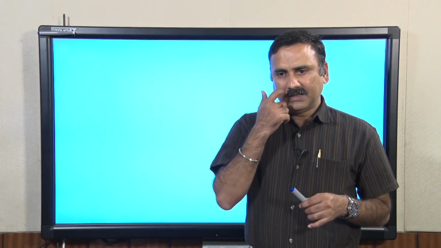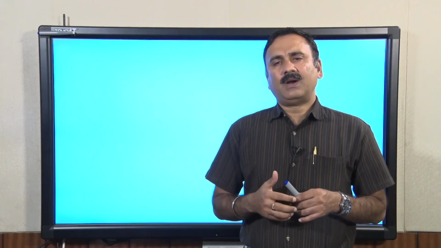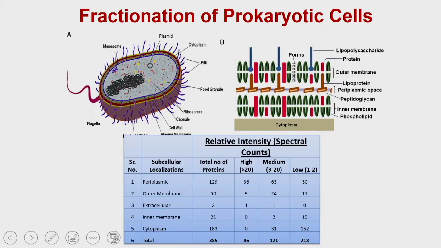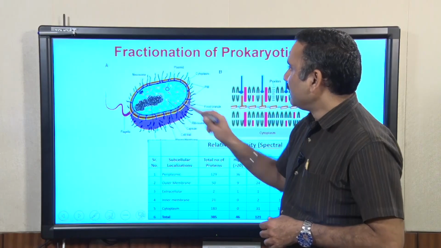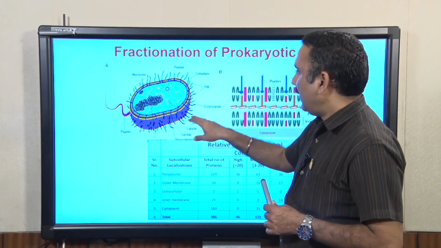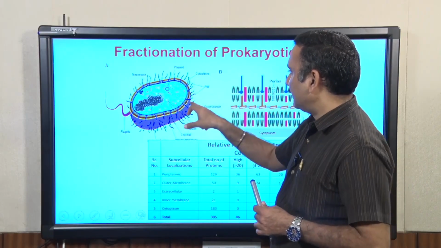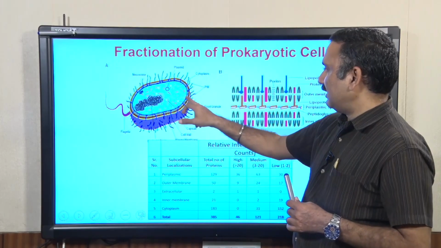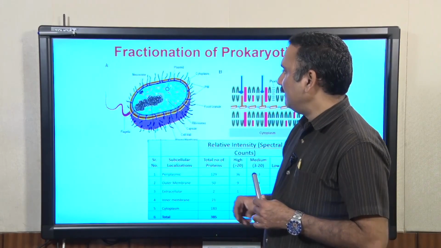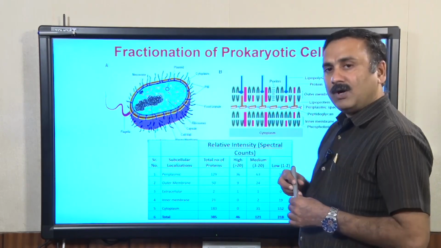In this context, let us discuss which regions are present in a prokaryotic cell for isolating proteins. As you can see, in a typical prokaryotic cell you have the capsule, below the capsule the cell wall, below the cell wall the plasma membrane, and inside you have the cytosol or the cytoplasm.